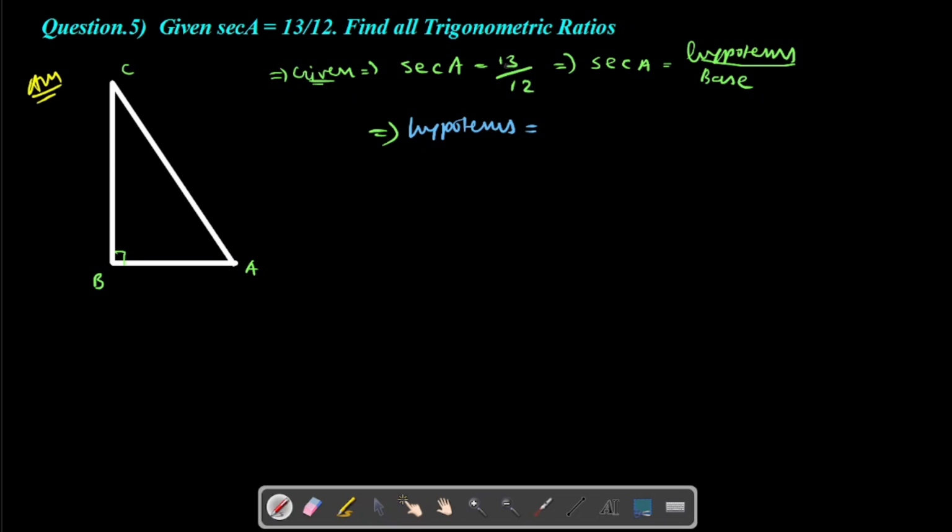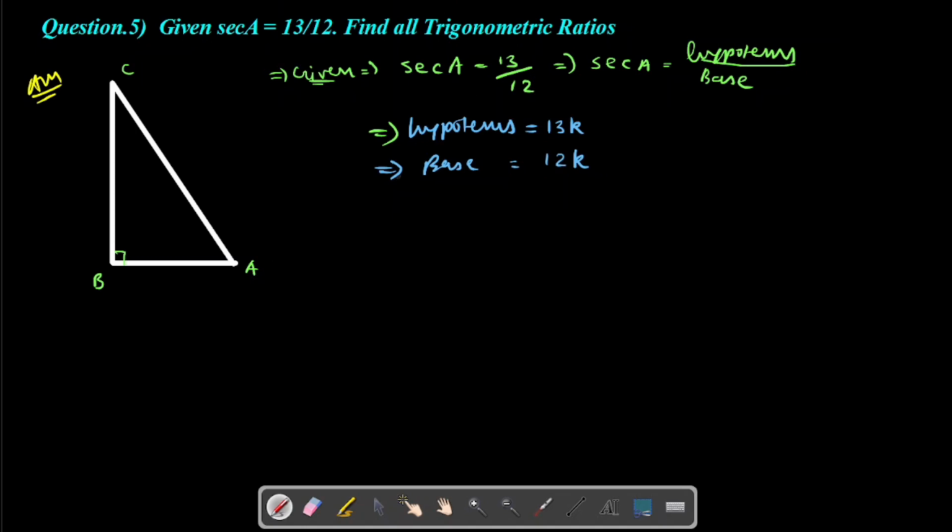Because the value of sec A is a fraction, and the numerator is 13, and here the numerator is hypotenuse, so we can write it as 13k, where k is some multiple. Similarly, we can write base as a multiple of 12.